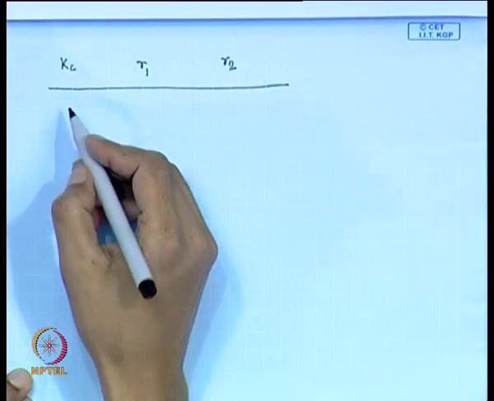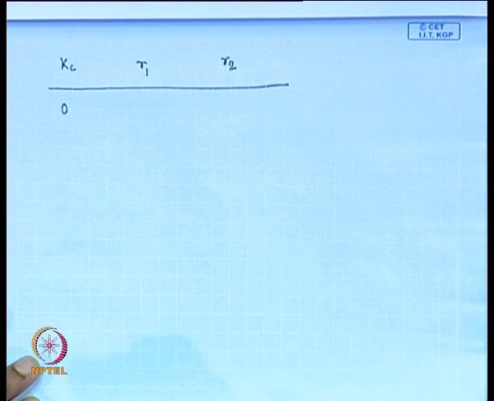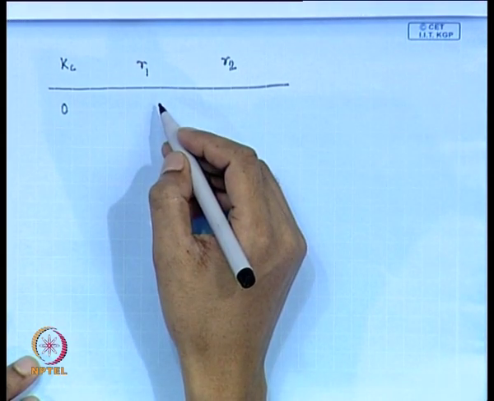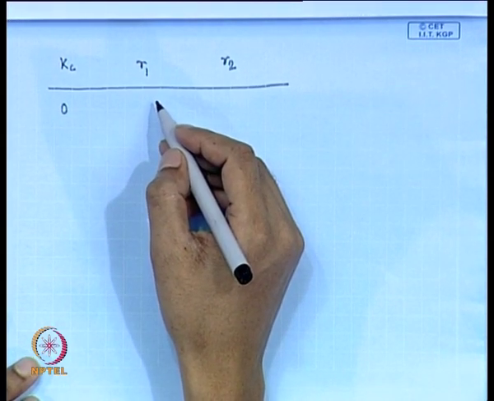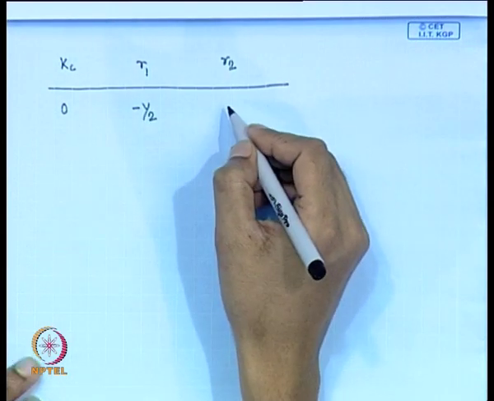So, first we will consider Kc equals 0. Then what is R1? You keep on determining the values. If Kc is equal to 0, how much is R1? Minus half. How much is R2?